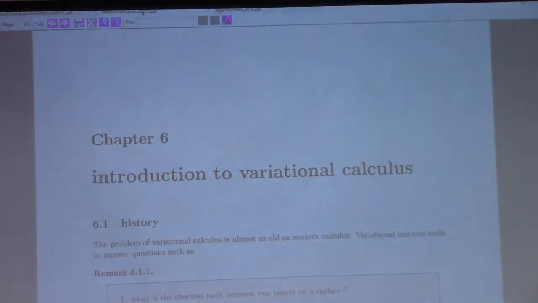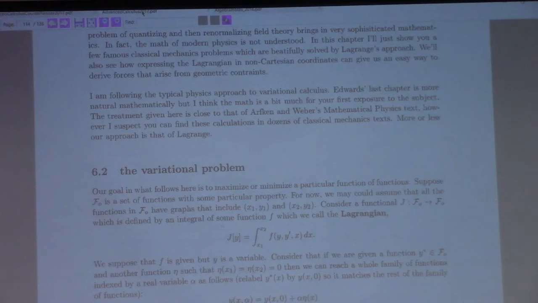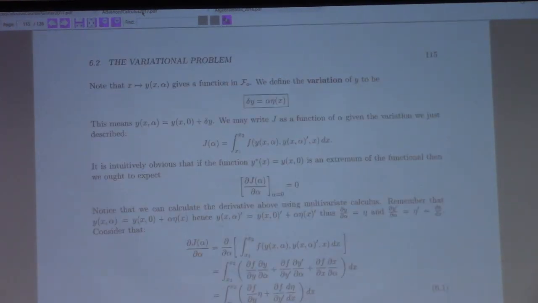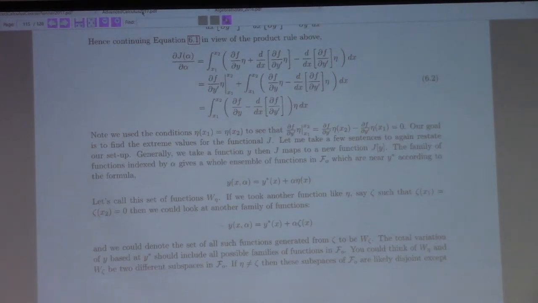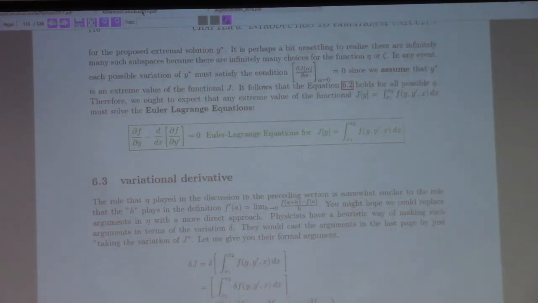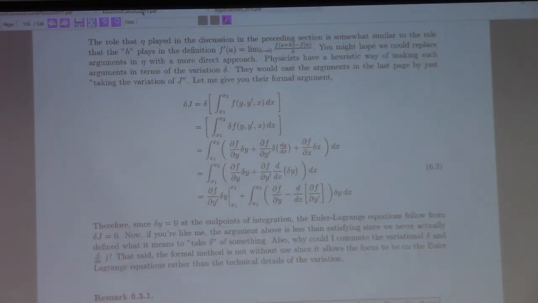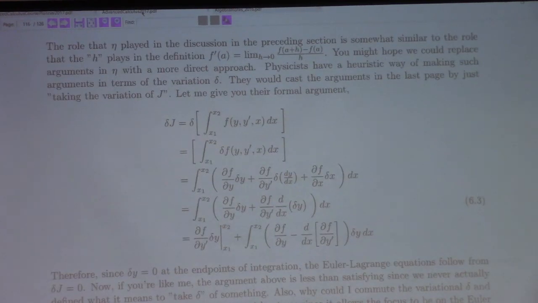So, in physics, what they'll do is they just introduce... so here's what I just went through with you guys, page 115, all right? Here's what it looks like in physics, at least the undergraduate physics I had.